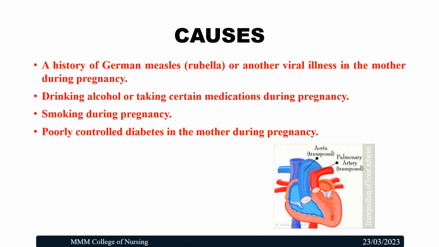The causes include a history of German measles, that is rubella, or any viral illness in the mother during pregnancy, drinking alcohol or taking certain medications during pregnancy, smoking during pregnancy, and poorly controlled diabetes in the mother during pregnancy. These are the causes which constitute transposition of great arteries in a baby.